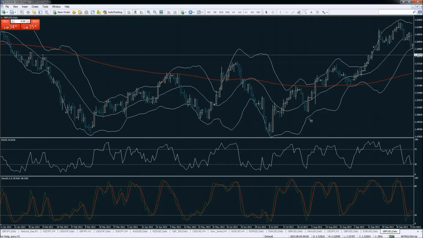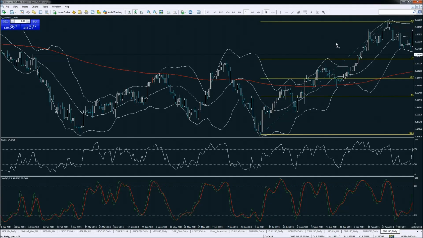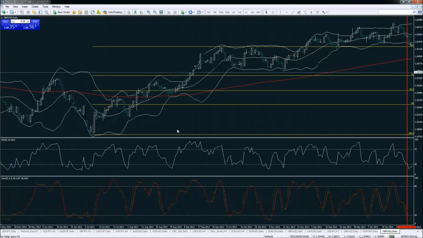In that case, we will use our Fibonacci retracement to measure this distance between the higher high and the lower low of this range. As you can see, the price is staying clearly inside the range of the Bollinger Bands without making unnecessary excursions like this one. Extreme market conditions here as well.